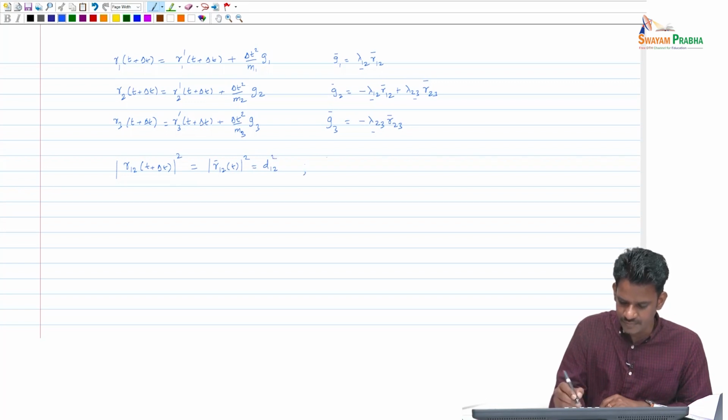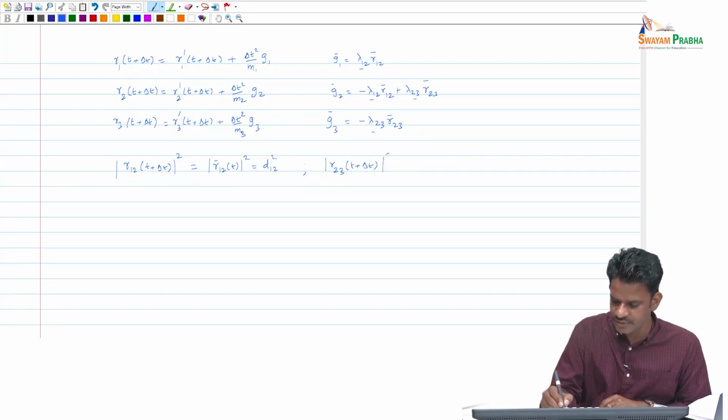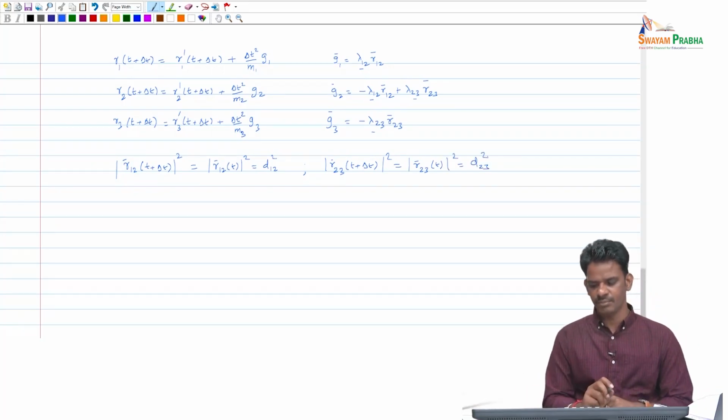And similarly R23 at T plus delta T, this is the distance between the other OH bond. So, this is the constraint that we want to impose.